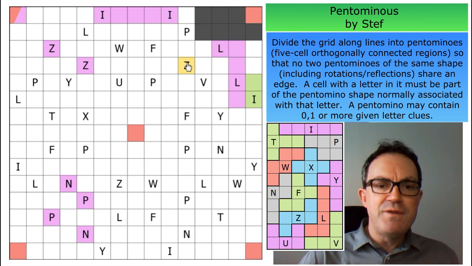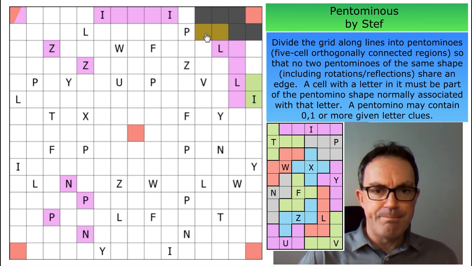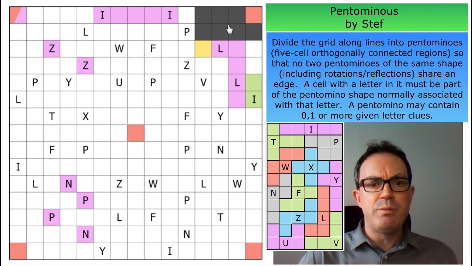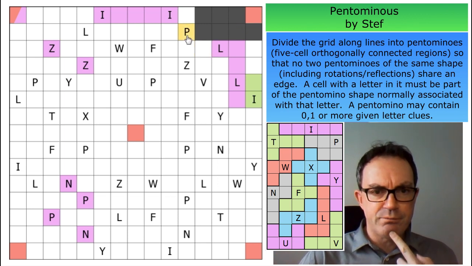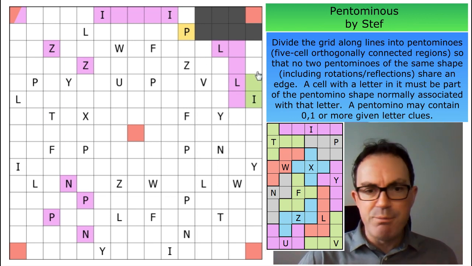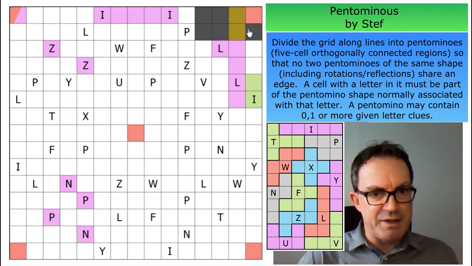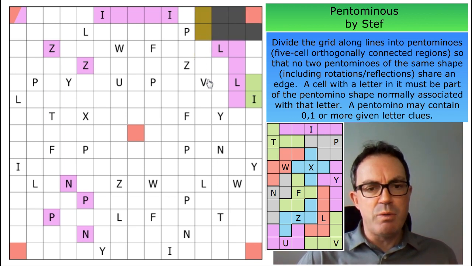So maybe if Z doesn't come in here, then 2 of the black squares at least have to be made up of P. Yeah, that breaks. It breaks. Because there's no way of taking just 2 of these black squares with P without you taking those 2 squares.